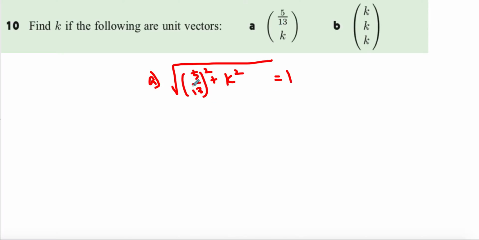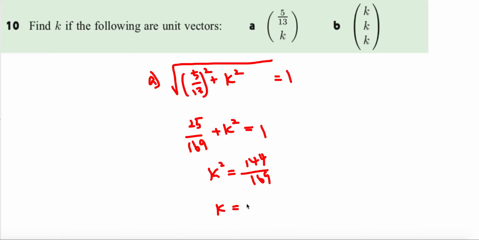Then in this case, this becomes 25/169 plus k squared is equal to 1. Then we get to realize that k squared is equal to 144 over 169. Hence, k is in fact equal to plus or minus 12 over 13. So we have two values of k for the first one.